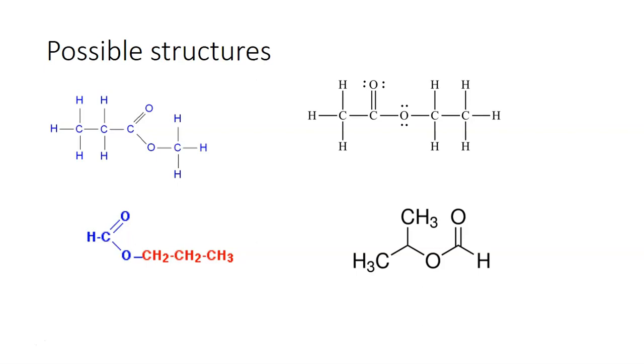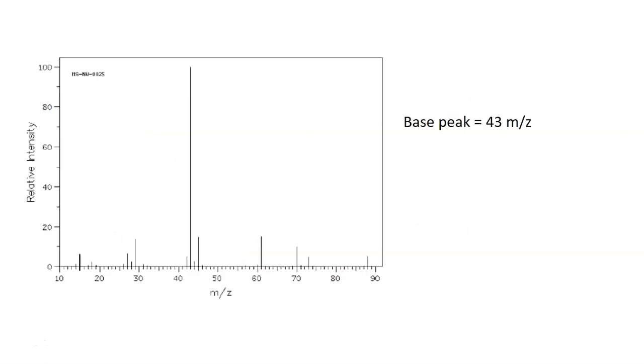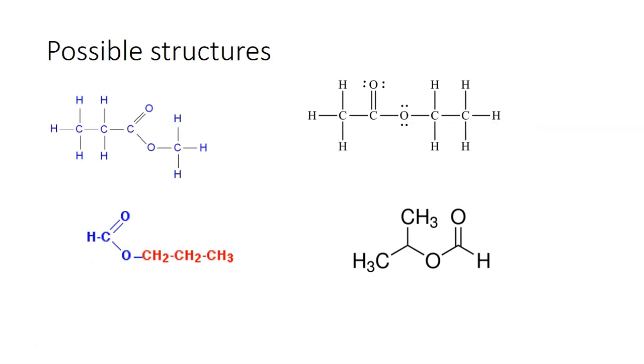So, what do we need to know? Well, we need to go back to the mass spectrum. And the mass spectrum has this big tall peak at 43. And so whatever structure that we want, I have to be able to get a chunk of that molecule with a mass of 43.